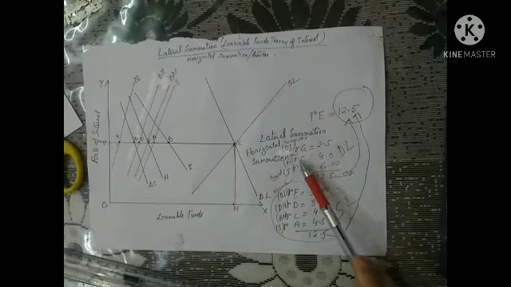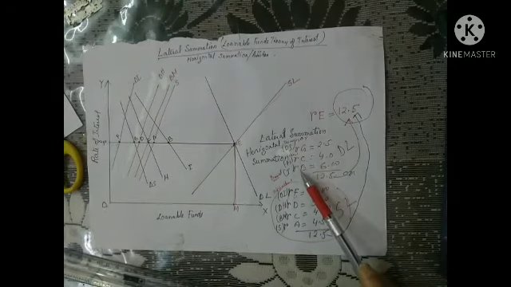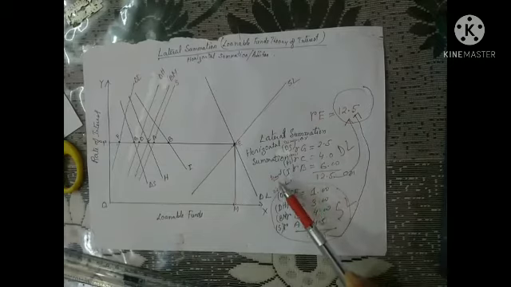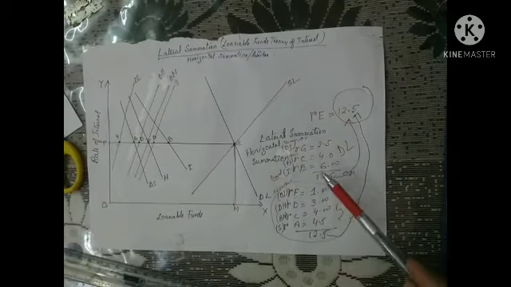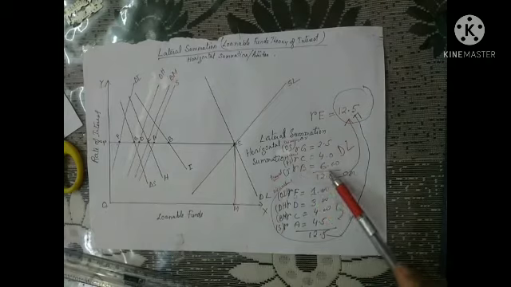RC is hoarding, which is 4 centimeters. RB is I, which is investment demand for loanable funds, and which is 6 centimeters. Now you might be asking me, sir, why is investment 6 and why is savings so less?